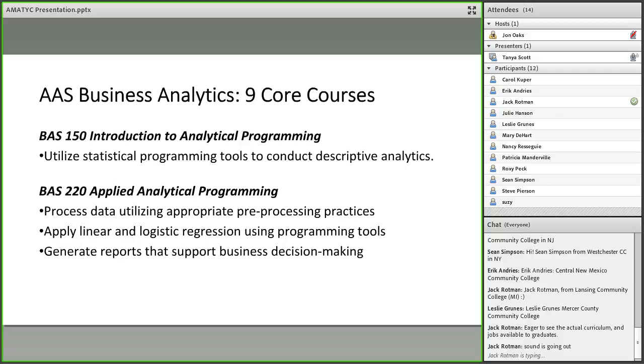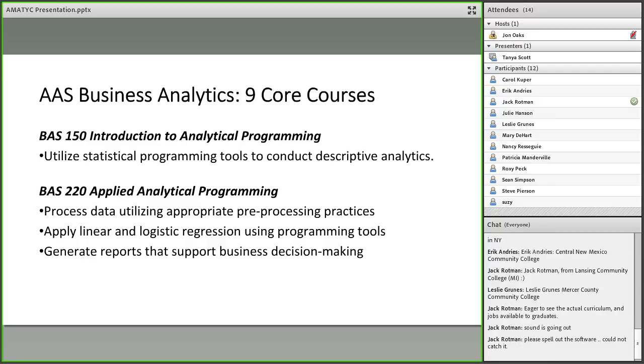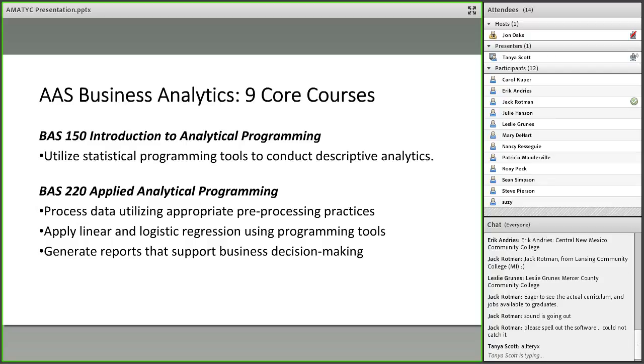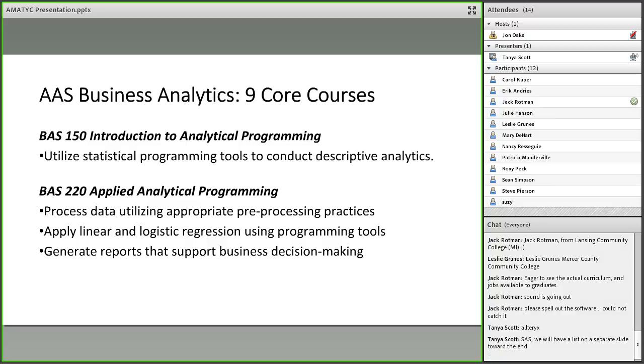So currently the way we actually structured this program, we are allowing students to take 120 and 150 together, because 150 does what 120 does in terms of teaching students basic statistics and basic descriptive statistics, but teaching them through SAS. So moving out from the realm of getting constrained by data size when you use Excel, once you introduce them to software programming, then almost any data set can be worked on.